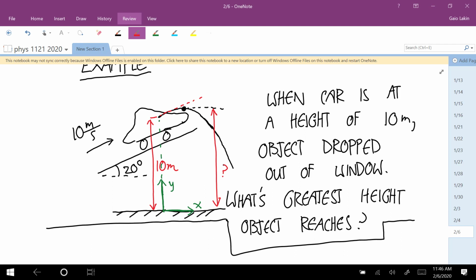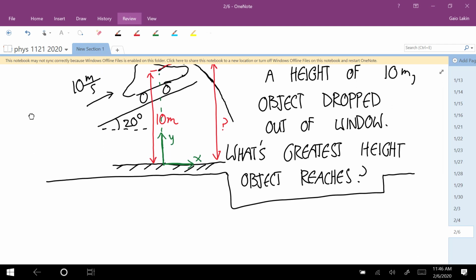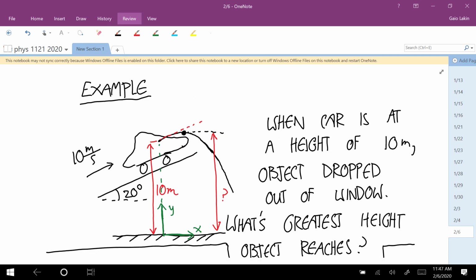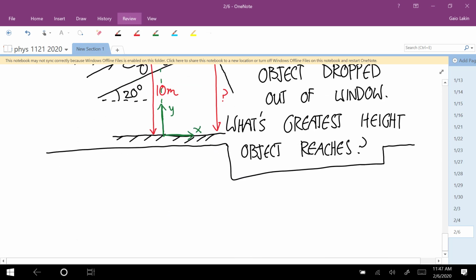Questions about that? Okay, I'm going to make my time equals 0 instant when it's dropped. My time t is going to be when it reaches the highest point.